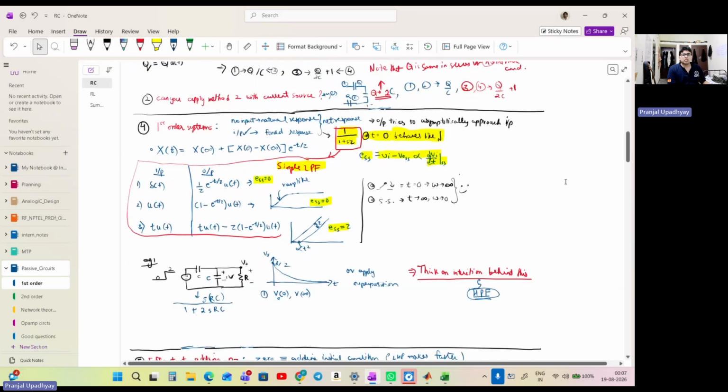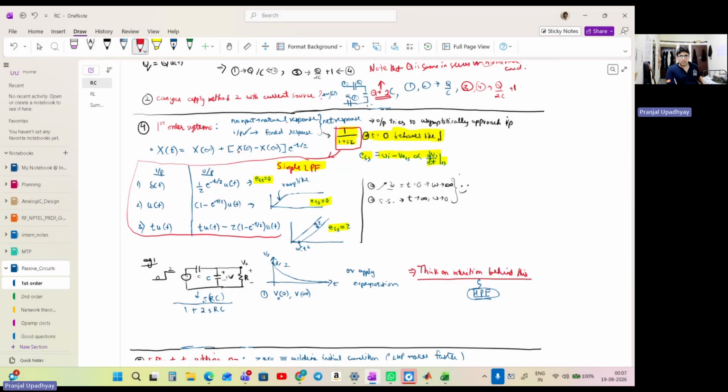Now let us discuss briefly about first order systems. Here, I have given an example of a low pass system. And first of all, a very important equation to be discussing here is this. This basically comes from Laplace transform. Any variable in a first order system can be expressed in this fashion, where x of infinity is the steady state value, or value at infinite time. x naught is the initial value, at the time at which the switching or any kind of change is being put in a circuit.